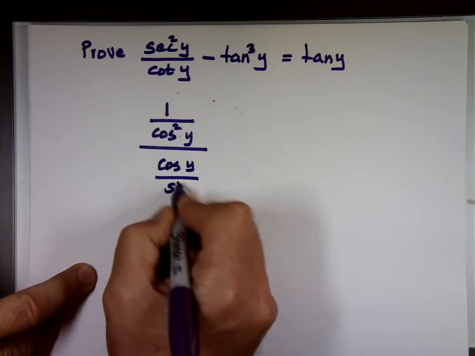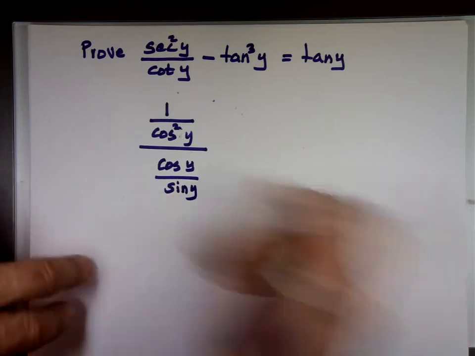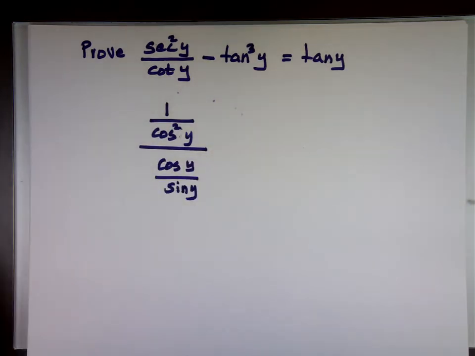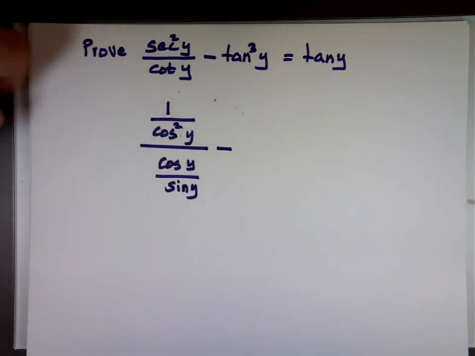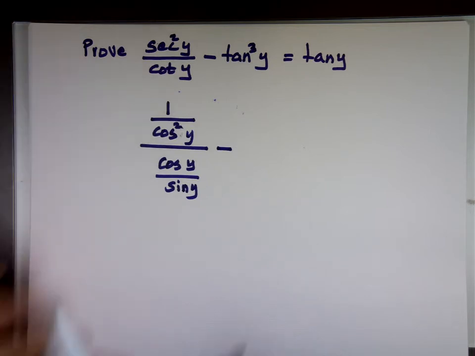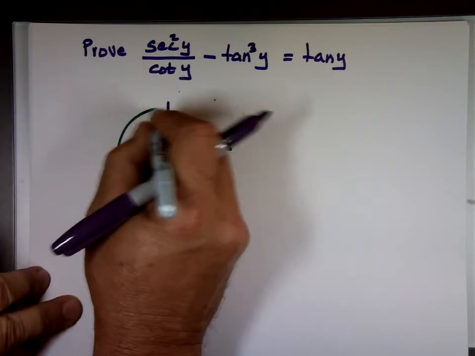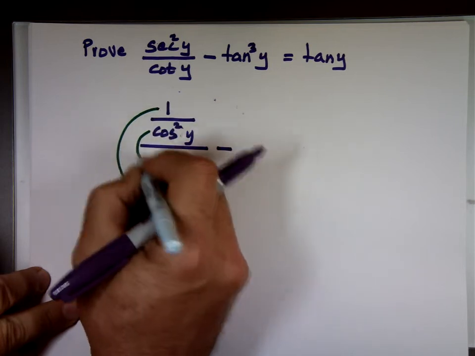And before I continue, let me just simplify this fraction. That looks ugly. There's the minus sign. When you have what we call a compound fraction or complex fraction, the easiest way to simplify is to go the outside over the inside, always.